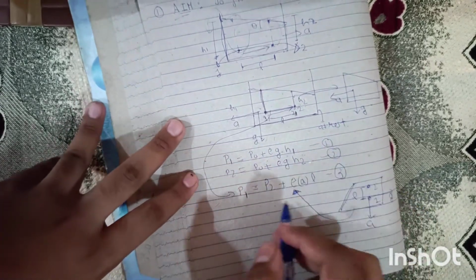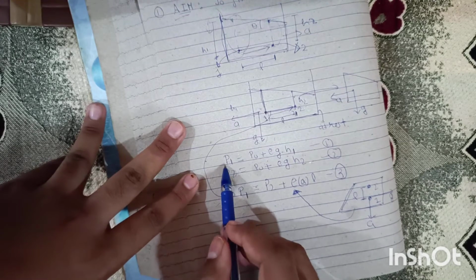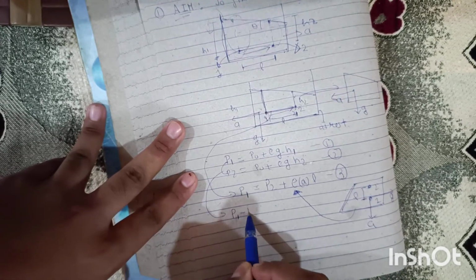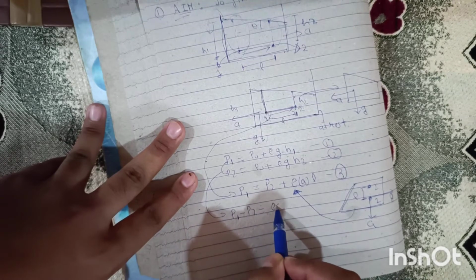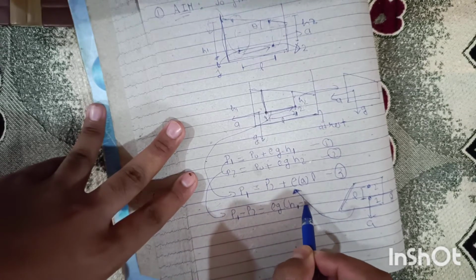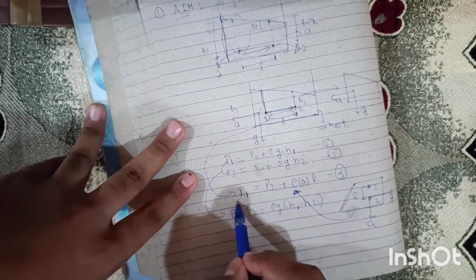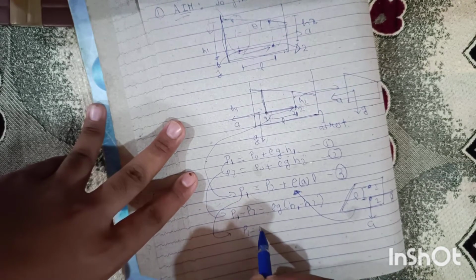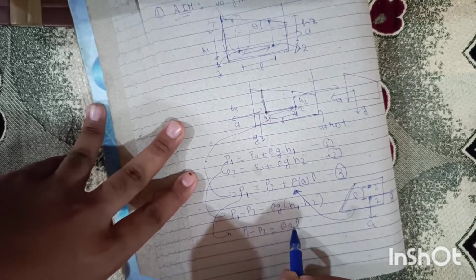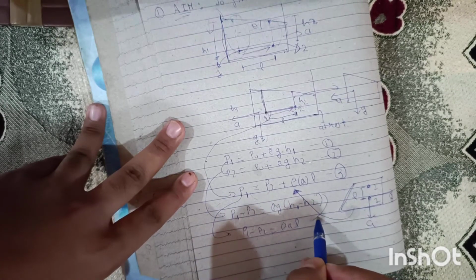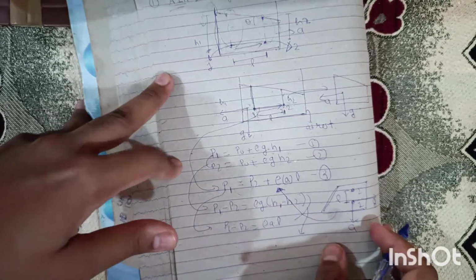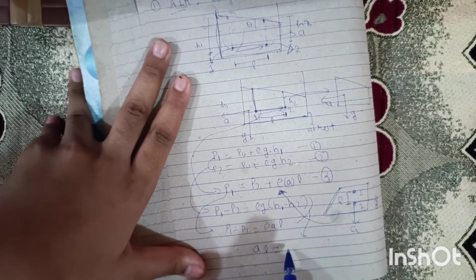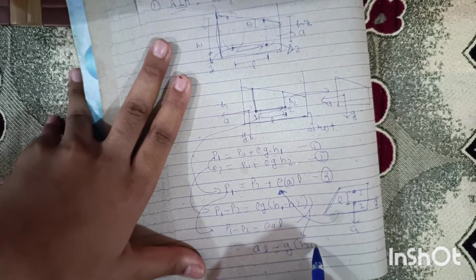So from all these three equations, from the first and second equation, we will be finding P1 minus P2, that will be rho g into H1 minus H2. And from this third equation as well, P1 minus P2 is equal to rho AL. Now from these two equations, we will be equating both of them and we will get AL is equal to g times H1 minus H2.